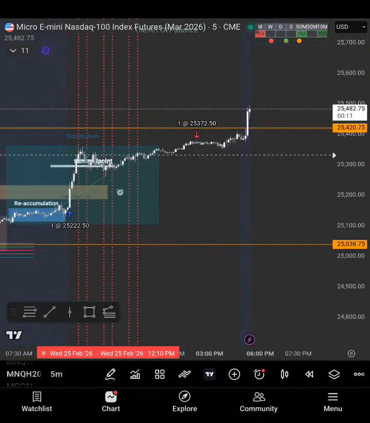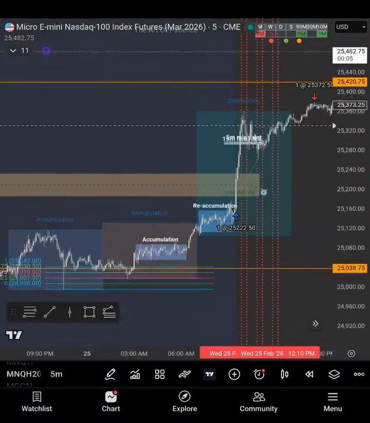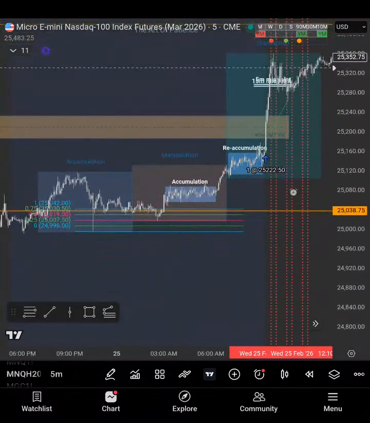And I also like the pattern that formed here in the 5 minute time frame. Beautiful market maker model. There's other days where we have a beautiful market maker sell model. That's all I trade, market maker models. What I like about it is it's very simple.